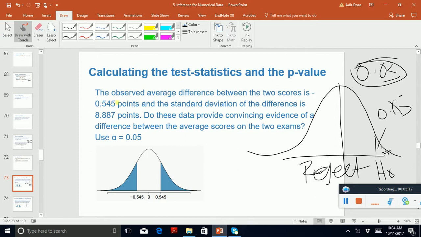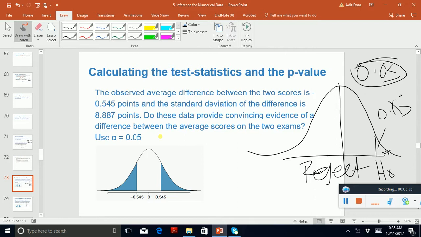So here if you look at this example, the observed average difference between the two scores is 0.545 between reading and writing. They have also given us the standard deviation, which is 8.88. Does this data provide convincing evidence of a difference between the average score on the two exams? Use alpha equals 0.05, right?